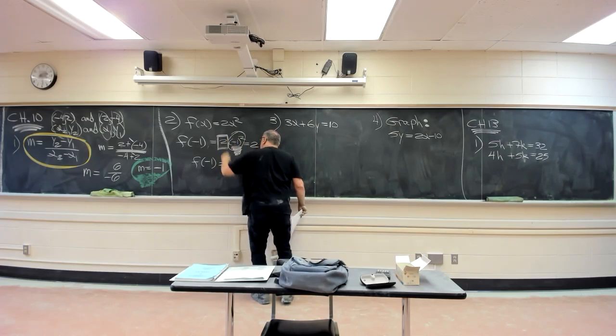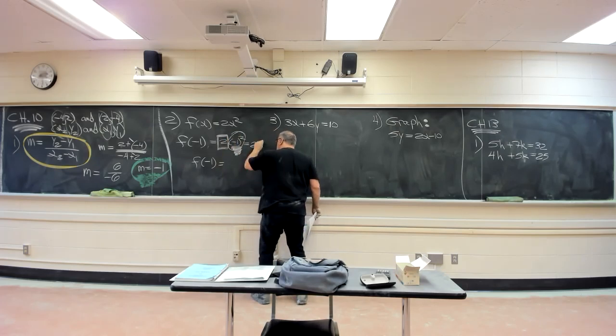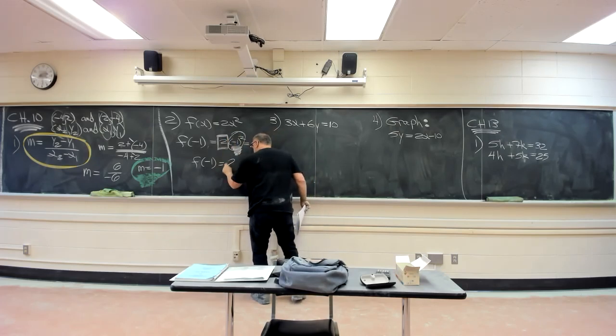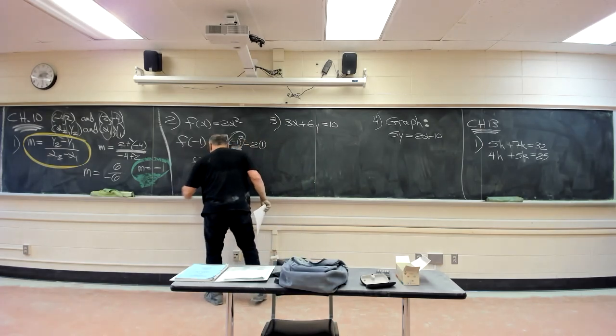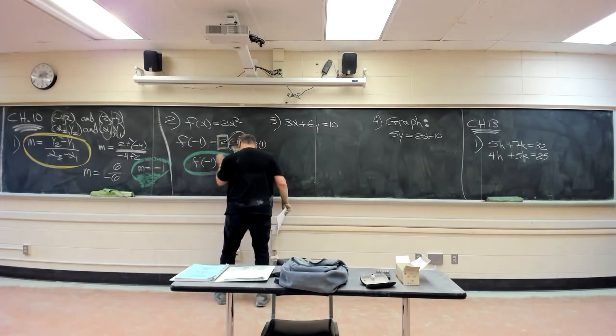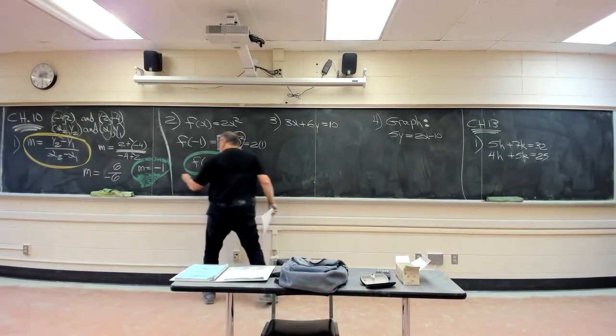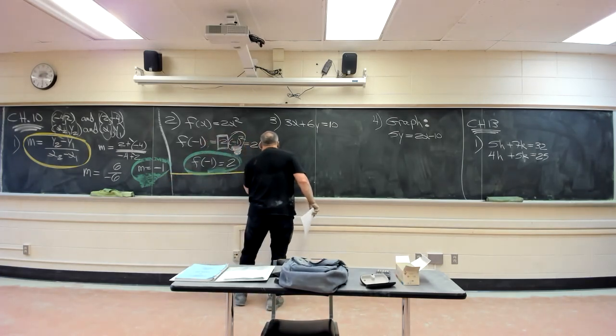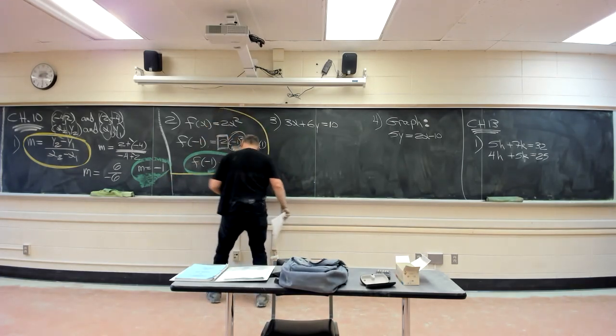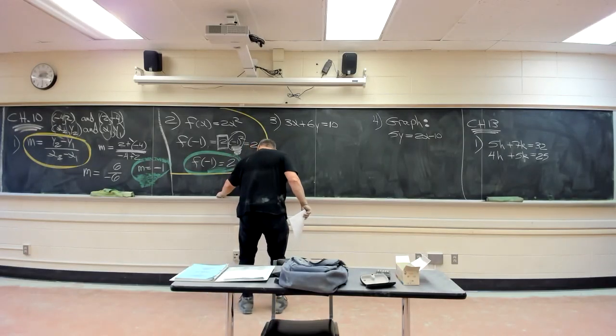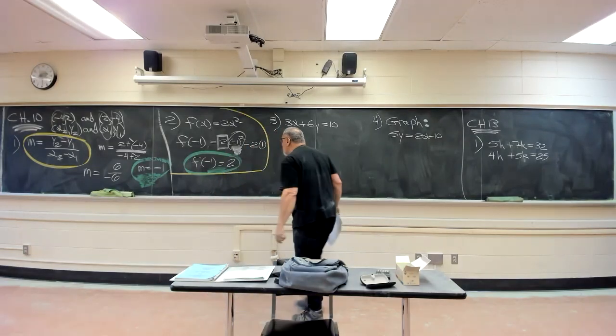This quantity, negative 1 squared, is negative 1 times negative 1 is 1. 1 times 2 is 2. We're done here as well. All right, very good.